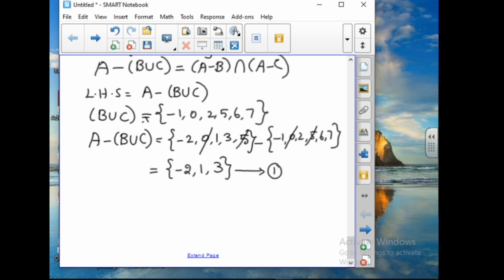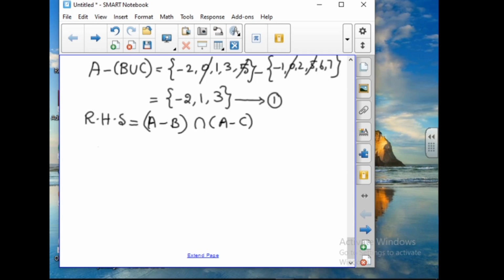Next, right hand side: A difference B intersection A difference C. A difference B is equal to, your A set is -2, 0, 1, 3, 5.